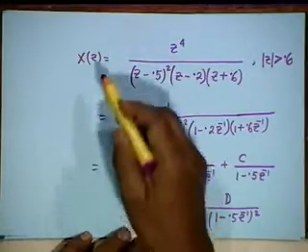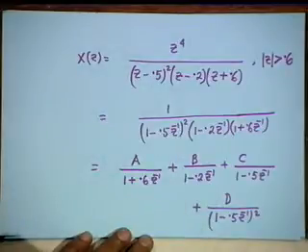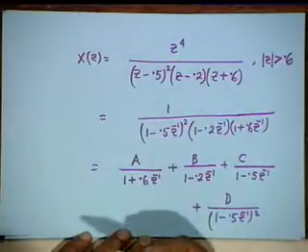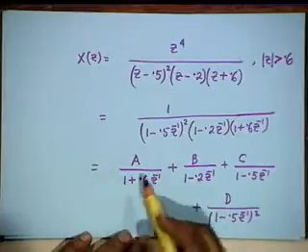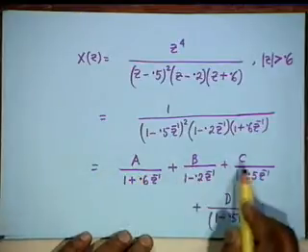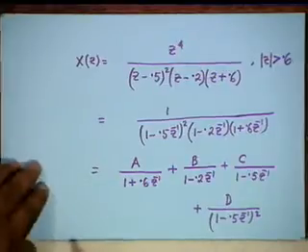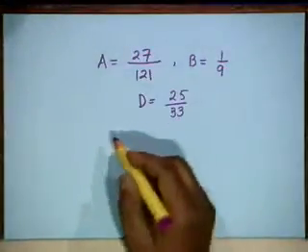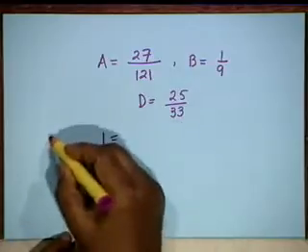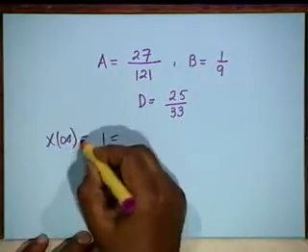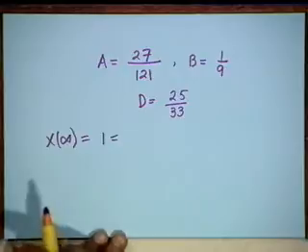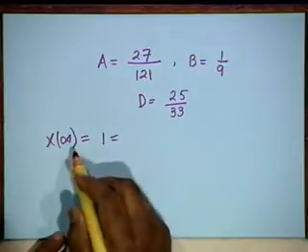What would be capital X of Z at infinity? From the given expression it is 1. Therefore, 1 would be equal to A plus B plus C plus D. You see, it is as simple as that. You do not have to differentiate. Okay. So, I get 1 equal to capital X of infinity. Please be careful, the argument is not Z inverse, it is Z.